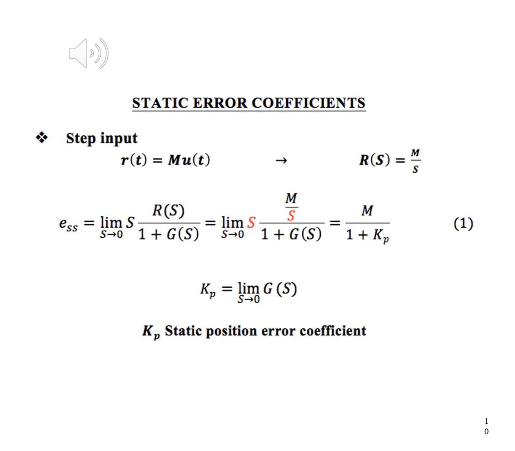And we call the variable Kp the static position error coefficient. Meaning the error takes the form m over 1 plus Kp. What is Kp? It is the limit when s tends to 0 of your loop, which in the case of unity feedback is G of s. Okay, let's go to the second slide.